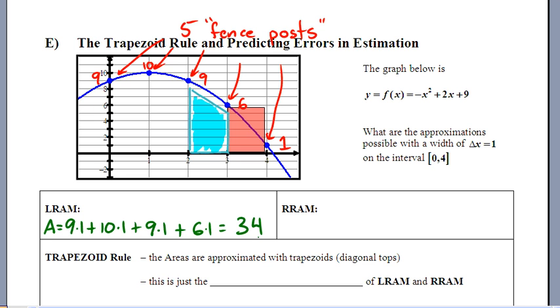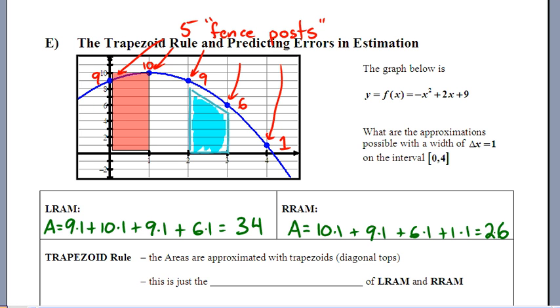Okay, what if I want to do right attached? My first ribbon, if I attach on the right, is going to look like that. So attaching on the right, we're going to go 10 times 1, plus 9 times 1, plus 6 times 1, plus 1 times 1, and that ends up being 26.